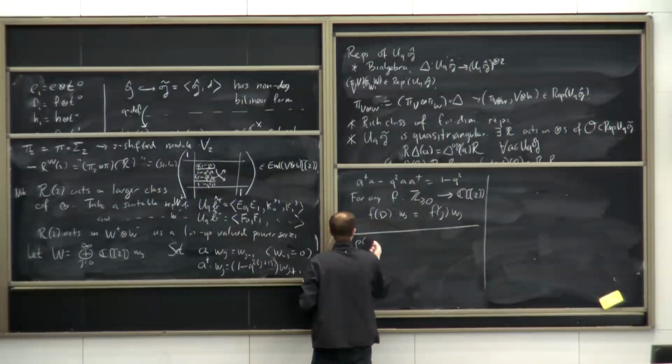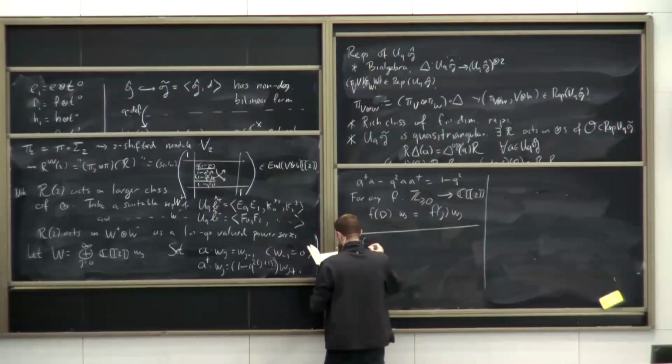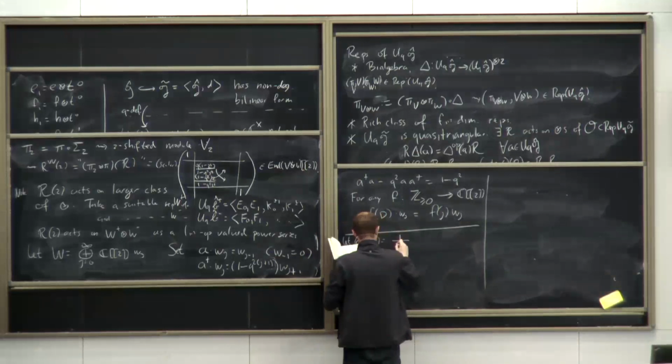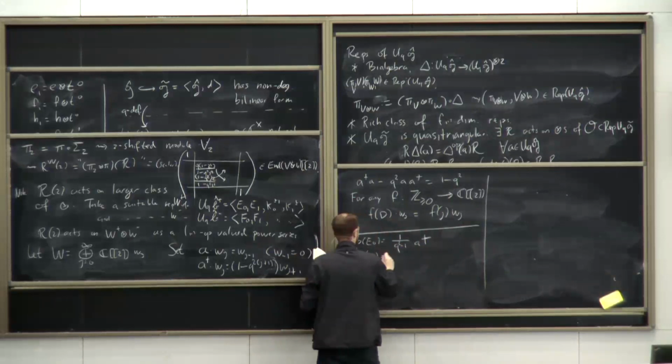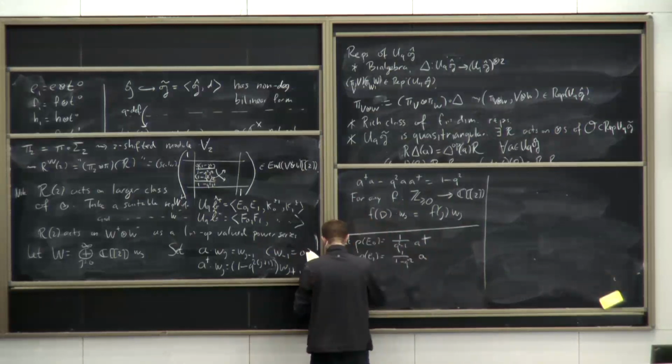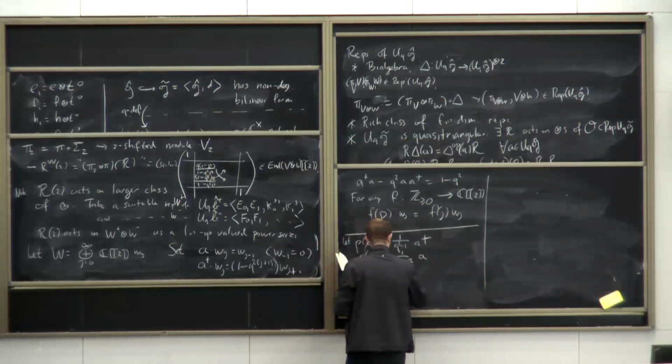So E0 basically acts like A dagger with some correction. E1 acts like A with a correction. And then K0 and K1 act as these diagonal operators.